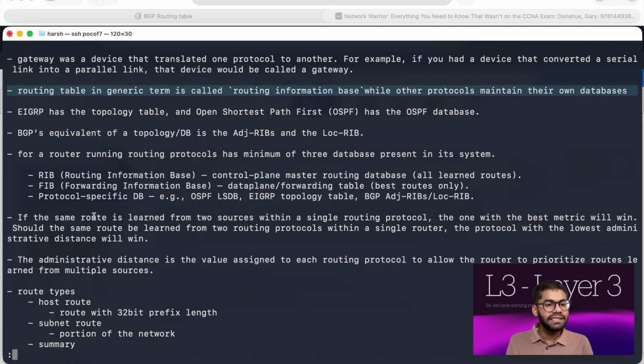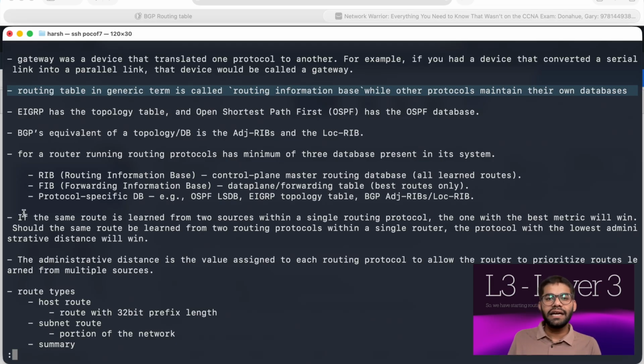Okay. If the same route is learned from two sources within a single routing protocol, then the one with the best metric will win. And what is metric and what is administrative distance? Suppose we have a route to a particular network, and the same route is advertised by two protocols.